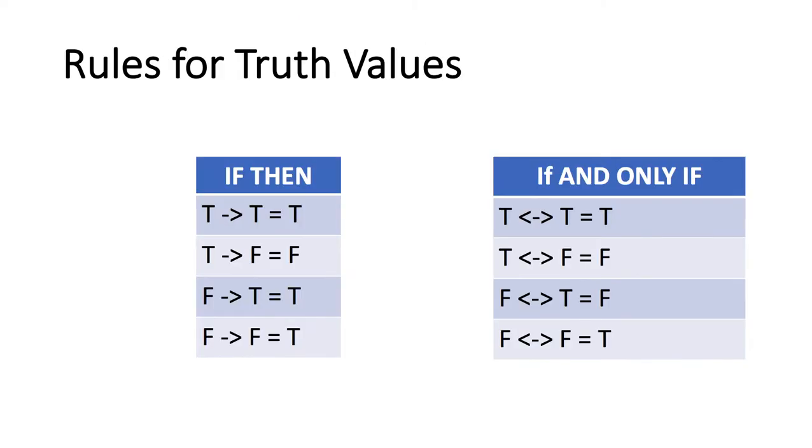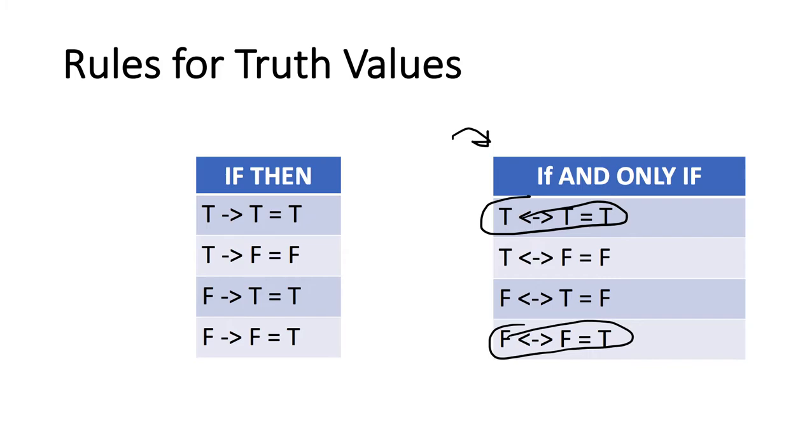All right, so our if and only if chart is right here. Remember that on the if and only if chart, these are true if you have the same two truth values on the left side. So the ones that are true are the true and true, and then the false and false. All right, so I'm going to keep that in mind.